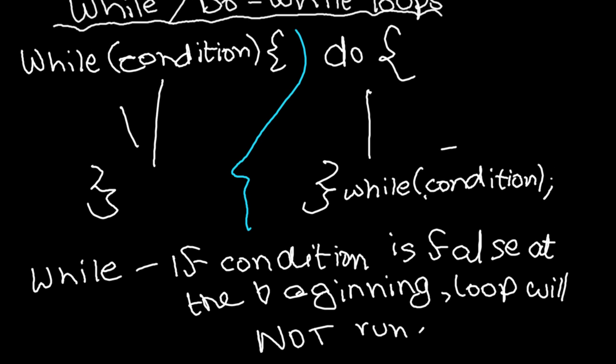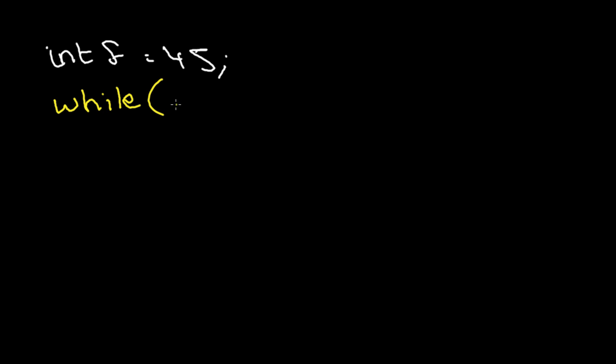Now let me get into some examples. Let's say you have some class, some function, where you have the variable int f equals 45. Now let me do this in a different color. While f is greater than or equal to 40, let's do something.